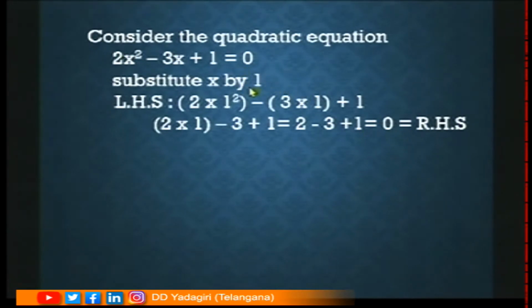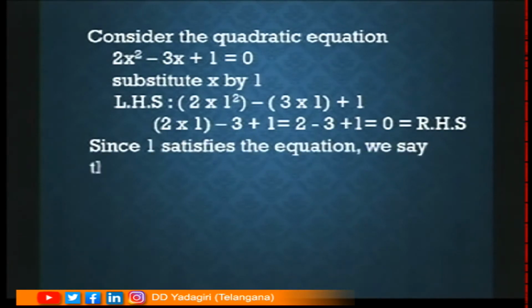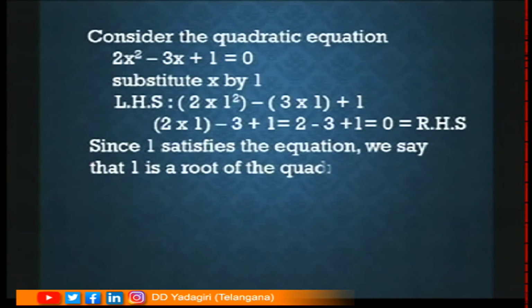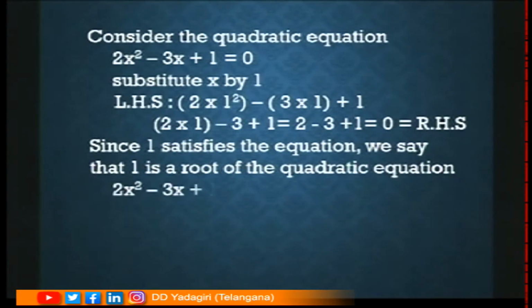So by substituting 1 in the place of x in the given equation, I am able to get the LHS equal to RHS. Thereby, I can say 1 satisfies the given equation. Therefore, 1 is a root of the quadratic equation 2x square minus 3x plus 1 is equal to 0.